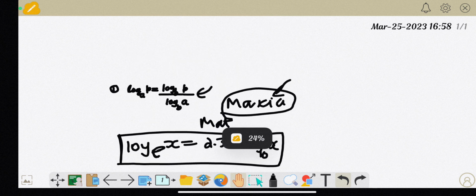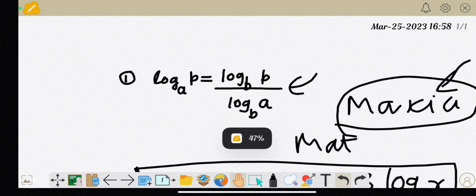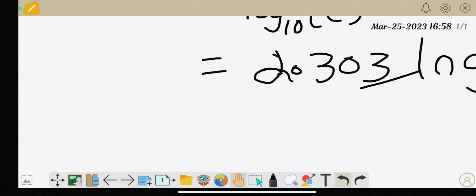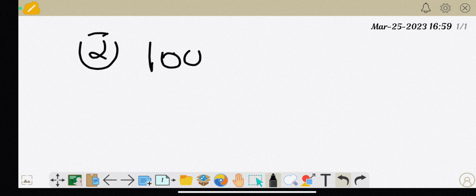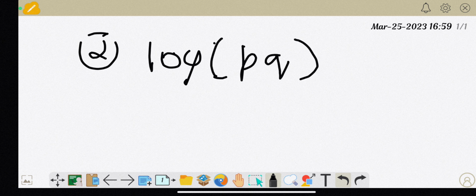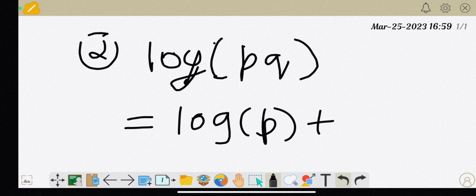Okay, while solving your numericals, this might not be much useful. But the other two formulas I am going to tell are very useful. The other formula is this: if you have log of p into q, you can split it as log p plus log q.